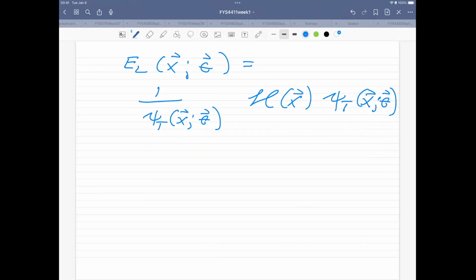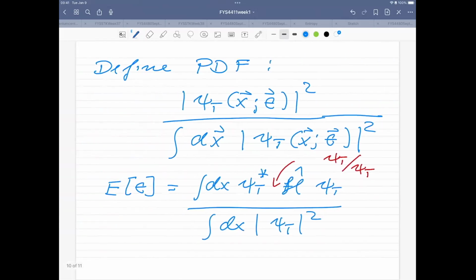And if I plug in this quantity, then I can actually rewrite E of theta as an integral over dx of this probability. So I'm going to call this function here my probability P(x, theta). Sorry, I forgot to put that one.